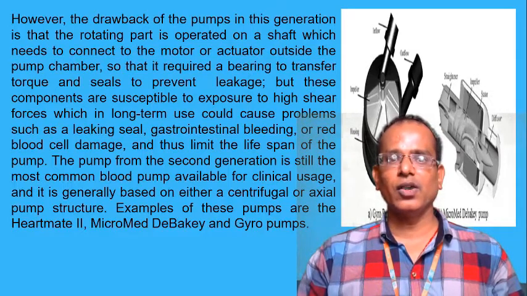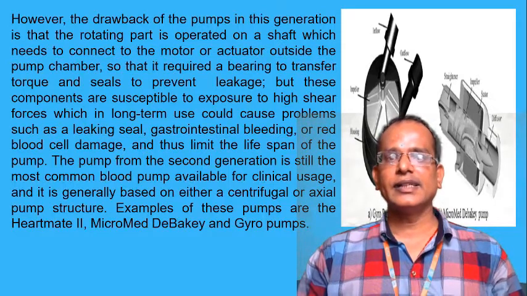But these components are susceptible to high shear force in long-term use and could cause problems such as leaking seals, gastrointestinal bleeding and red blood cell damage. Therefore, the pump has a limited lifespan.